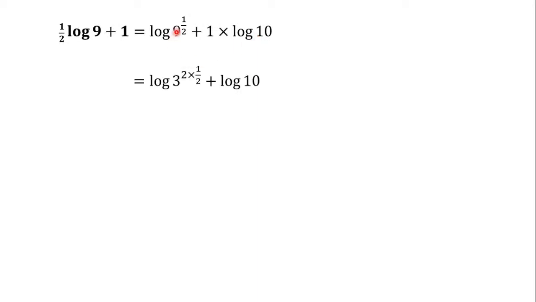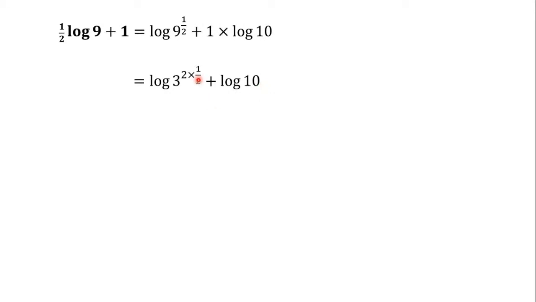We can express 9 in index form. When you express 9 in index form, you are going to have 3 squared, because 3 squared will give us 9. So you have log 3 squared, with the exponent half, plus 1 times log 10, which will give us log 10, which is the same as 1.